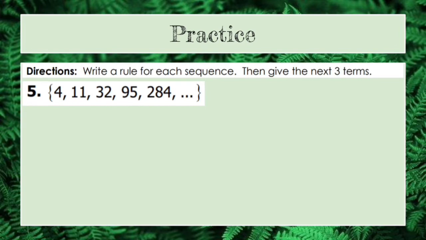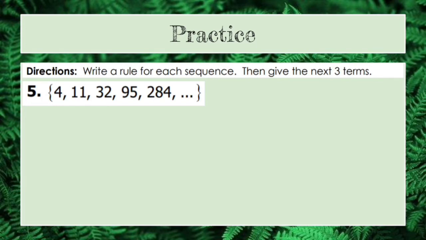So if we skip down to number 5, it says to write a rule for each sequence, then give the next 3 terms. In the last ones, we were given a rule and we found the terms in the sequence. Well, now it's giving us the sequence and telling us to write the rule. So our answer should look like the problems looked for numbers 1 through 4.